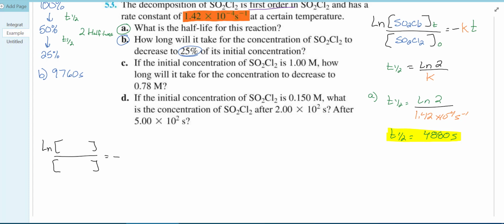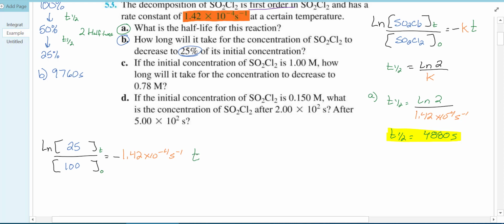And we're looking for t. So at time 0, how much percent do we have? Well, we have 100%, don't we? And we have 25% left at time t. k would be 1.42 times 10 to the negative 4 seconds to the negative 1, and then we're solving for t.